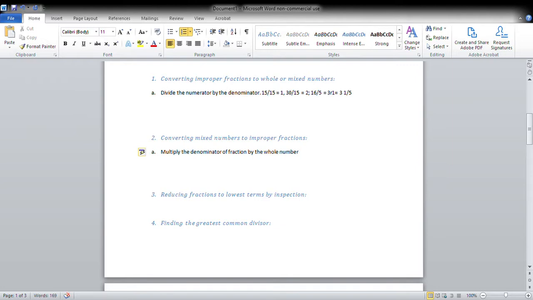So let's use the example in the book. 6 and 1/8 equals 8 times 6 plus 1, all of this over 8.